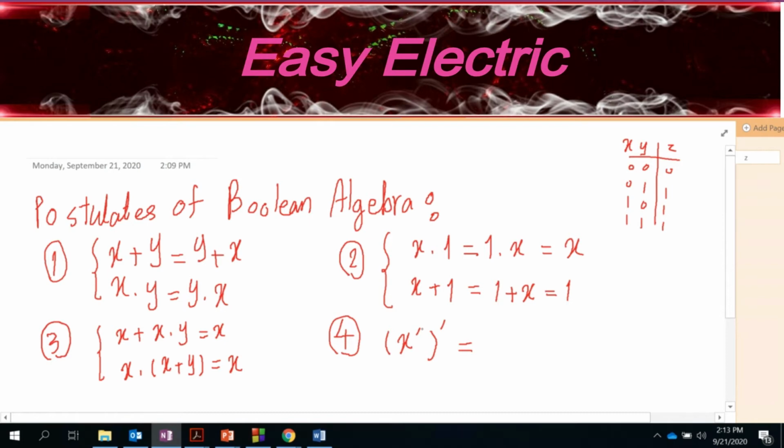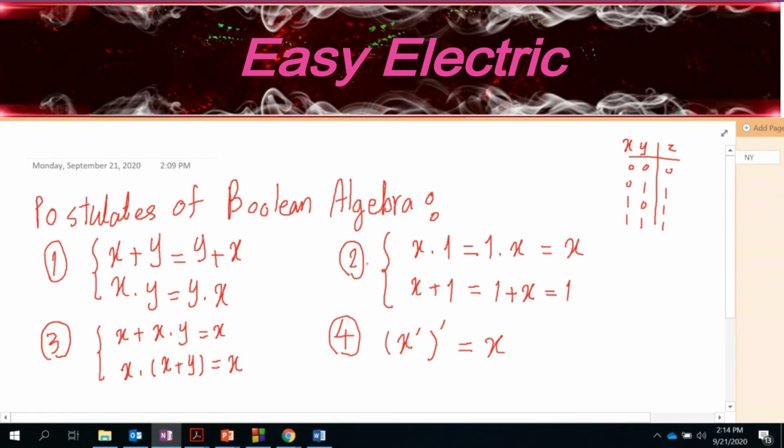If you take the NOT two times of one variable in Boolean algebra, it is equal to x, right? Why? If you say NOT of 0 is 1, and you take the NOT of that again, it is 0. That means it is equal to the original value of x, okay? So we have that as a postulate of Boolean algebra.